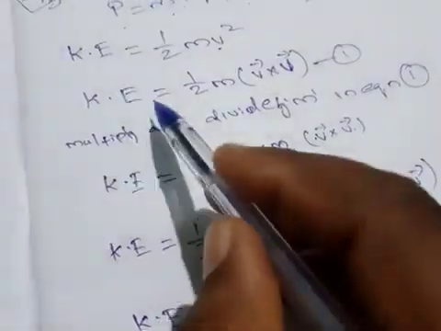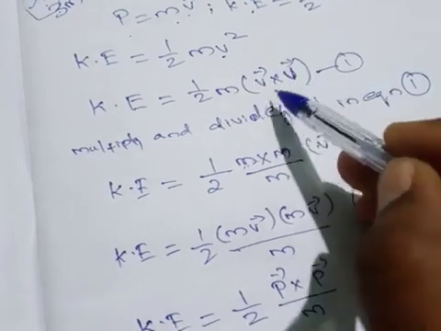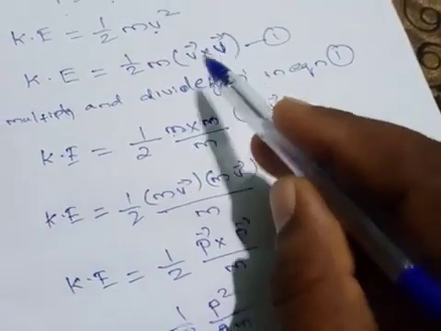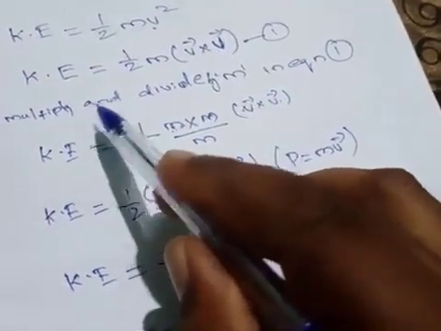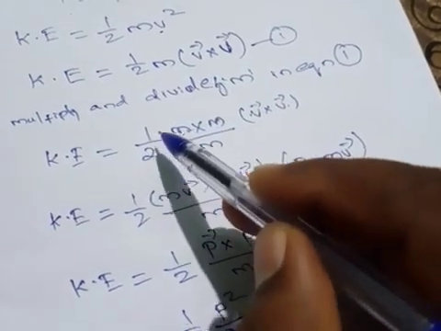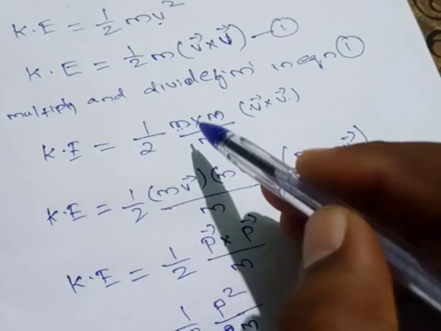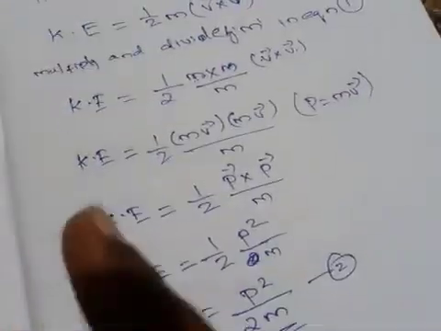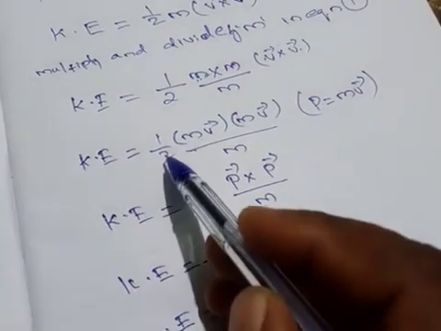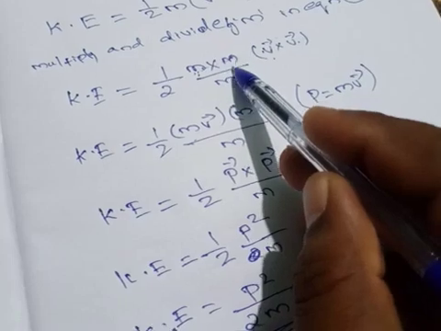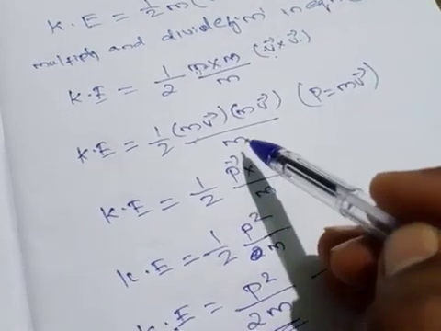Then from this kinetic energy equation, I am splitting this v into 2, so that in the next step I am multiplying and dividing by m. So next step, half, this m multiplied by m divided by m, v into v. Kinetic energy is equal to half, this m, this v, this m, this v divided by m.